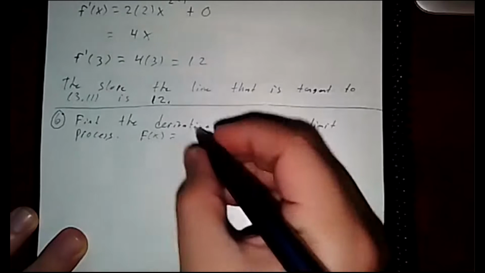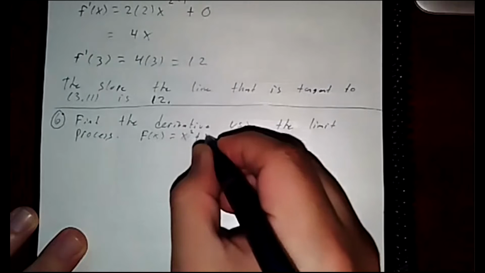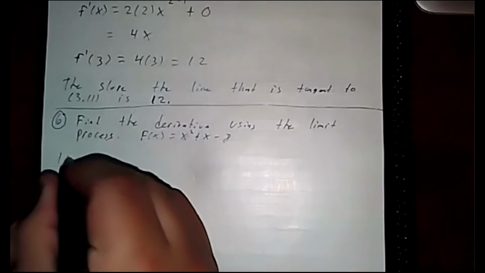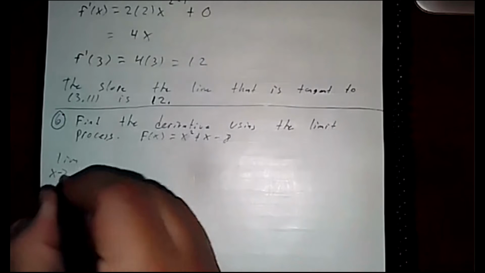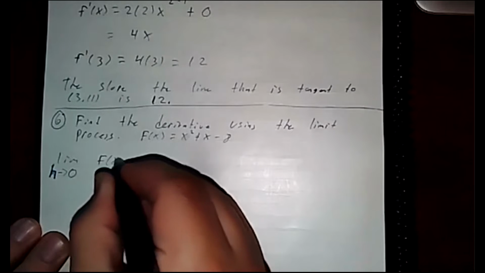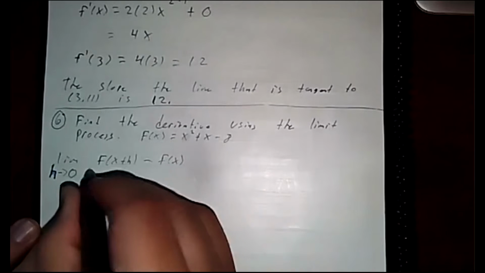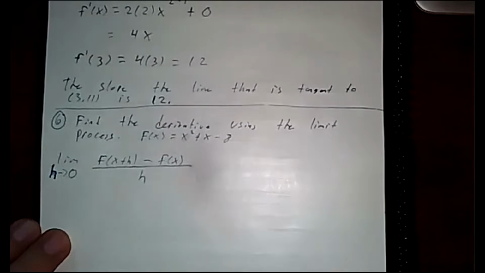So here is the function f of x, x squared plus x minus 8. So you have to use this formula. You take the limit as h approaches 0 of f of x plus h minus f of x over h.